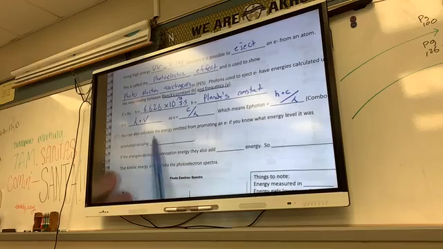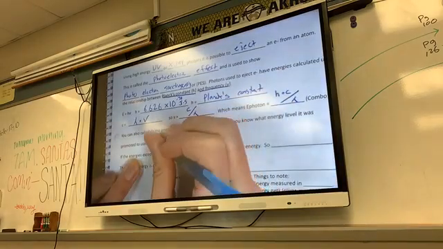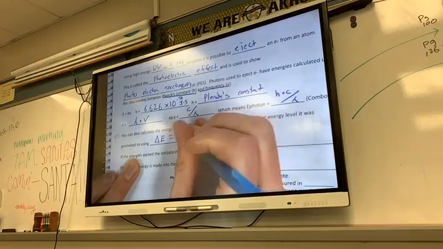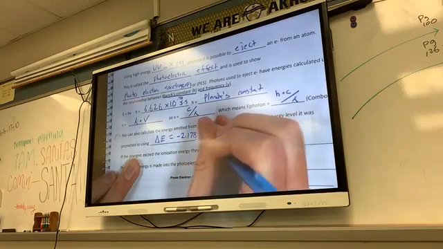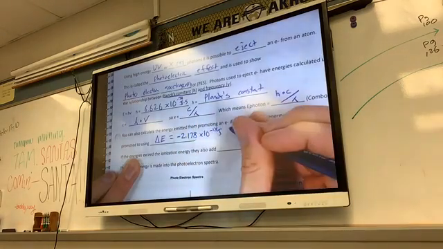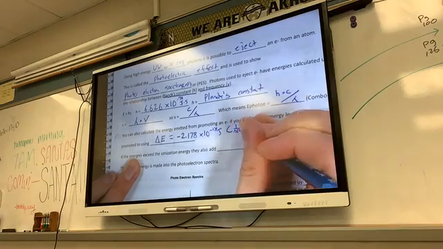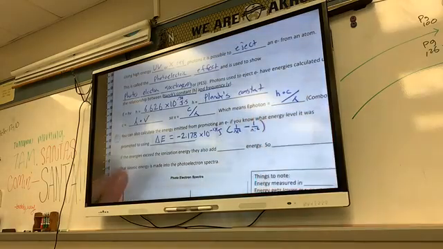You can also calculate the energy emitted from promoting an electron if you know what energy level it was promoted to using the following equation. Delta E equals, here's a weird constant, negative 2.178 times 10 to the negative 18th joules, that's a constant, times 1 over nf squared minus 1 over ni squared.